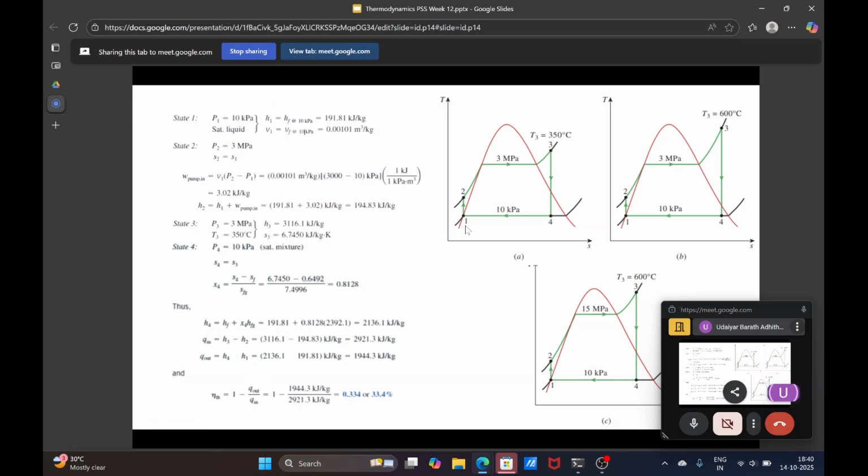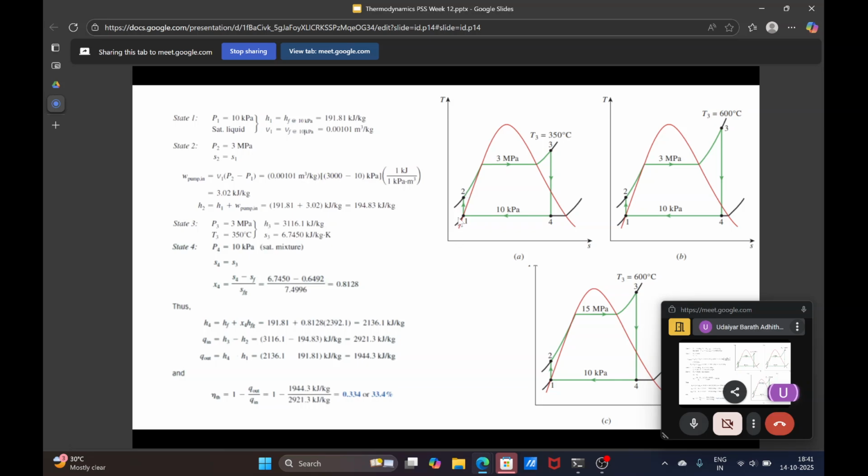For state 1, we know it is saturated liquid at 10 kilopascal, so the enthalpy is 191.81 kilojoule per kg, and similarly the specific volume at state 1 is 0.00101 meter cube per kg. The pressure at 2 is 3 megapascal.